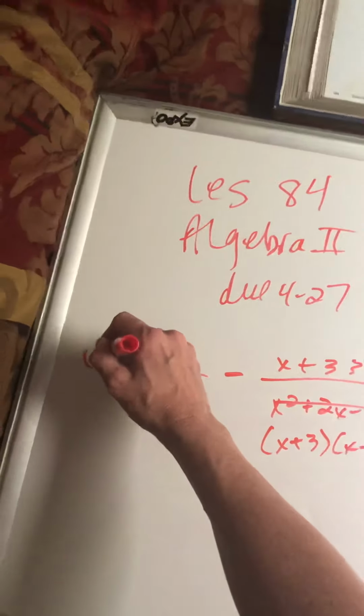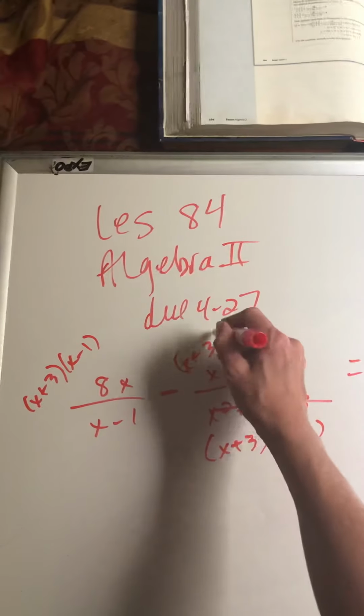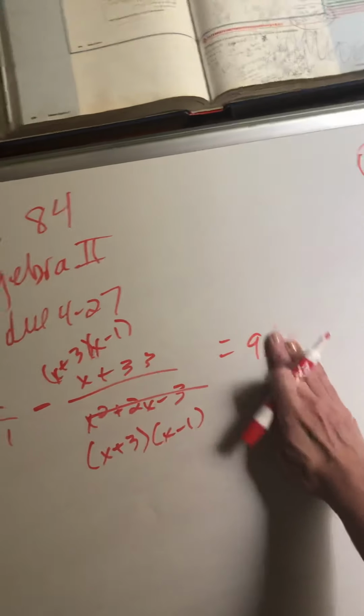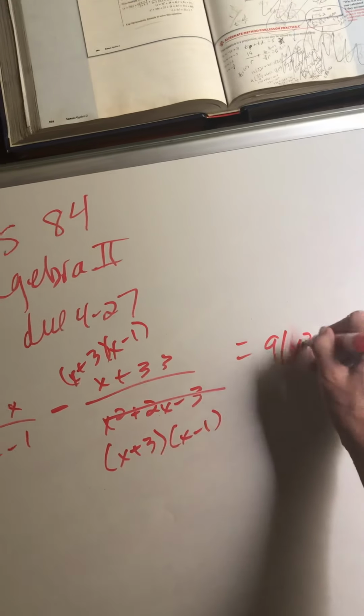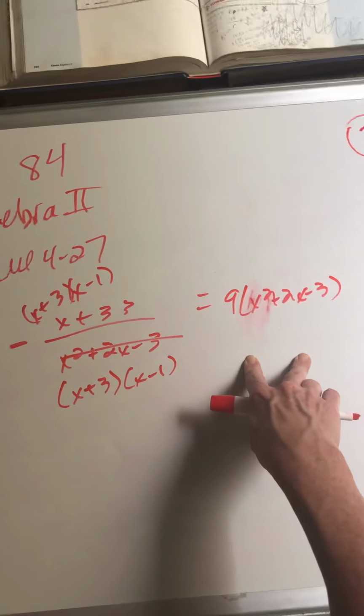So we multiply everything by x plus 3, x minus 1. You know what? I'm just going to put x squared plus 2x minus 3, because that's what x plus 3, x minus 1 is.